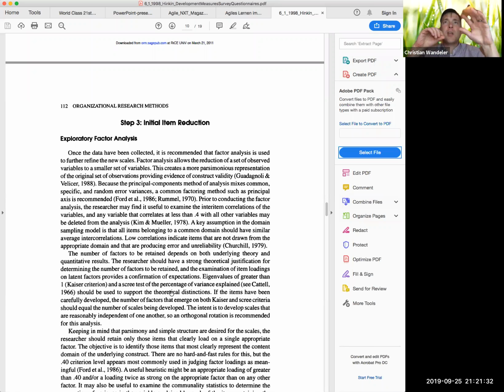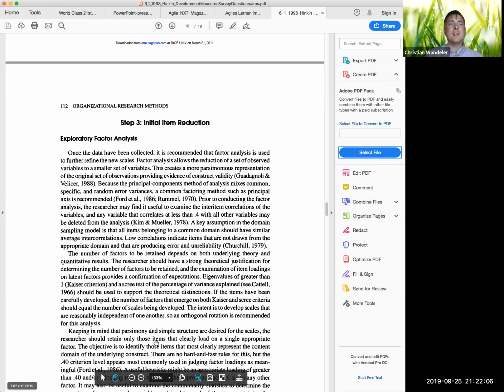You have some items that tap into authoritative leadership, and some items that tap into participative leadership. So you would expect that somebody who answers high on authoritative probably would answer low on the participative items, and vice versa. So with a factor analysis, you can analyze which items would measure which construct.